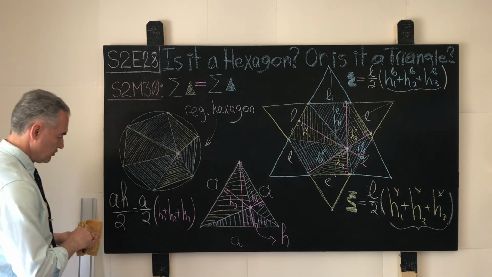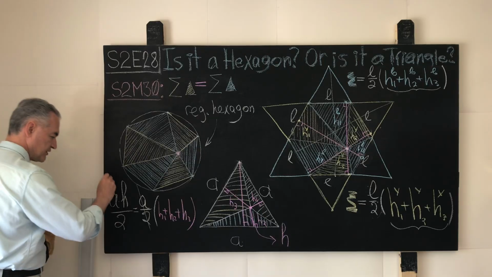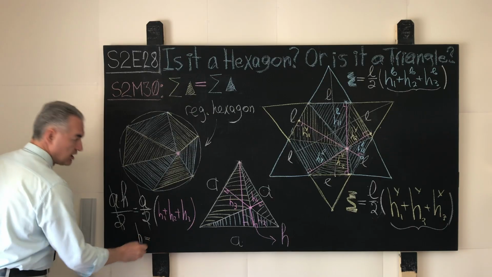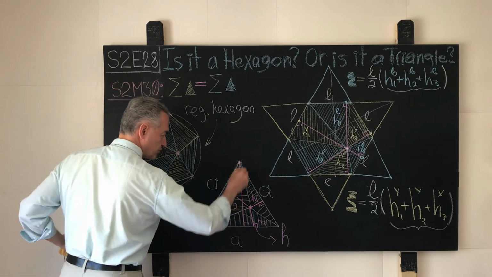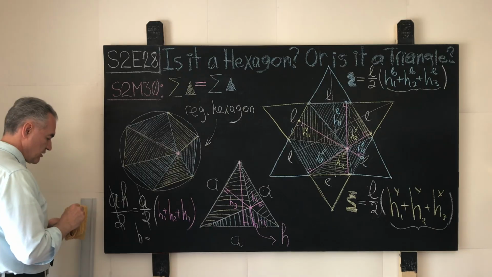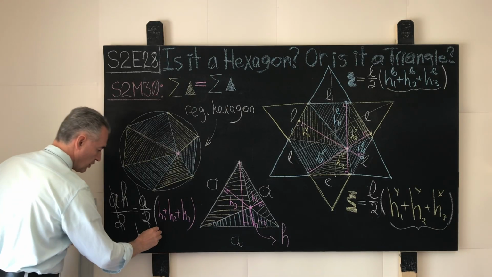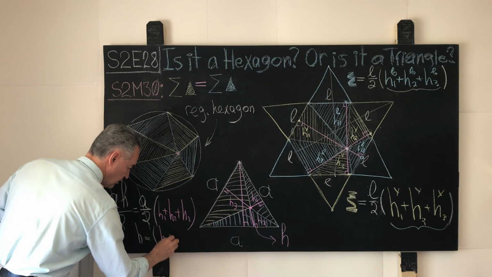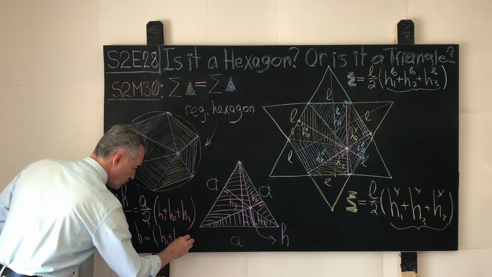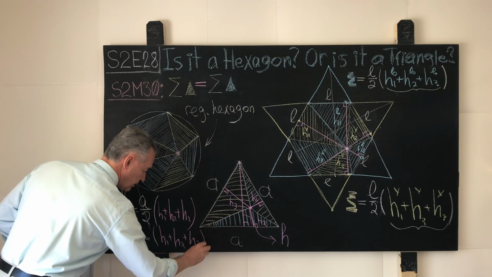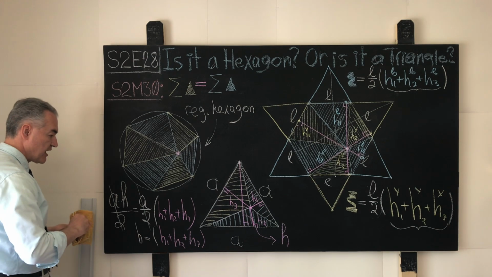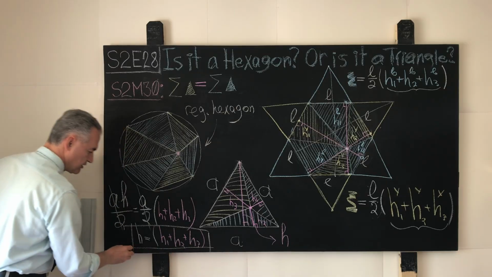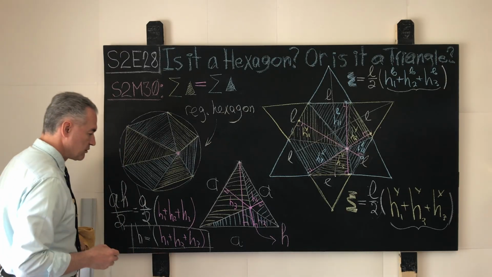In other words, when we cancel A over 2 on one side and A over 2 on the other, we will say that H, the height of an equilateral triangle, constructed from this vertex, it doesn't really matter, is equal to the sum of distances from our randomly chosen point inside of the triangle to the sides of that triangle, and that is the result. That is the key to solving this problem.